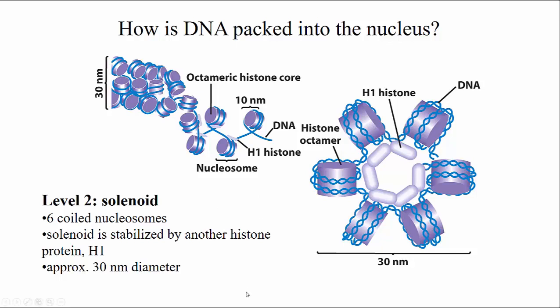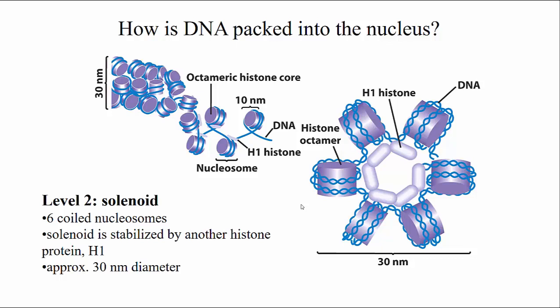This second level is called a solenoid, and this is organized by another histone protein called H1. So H1 organizes 6 nucleosomes that are wrapped by DNA into what looks kind of like a spoked wagon wheel. This wagon wheel would then continue on, and it's called a solenoid because it's very much like a spring or a slinky.